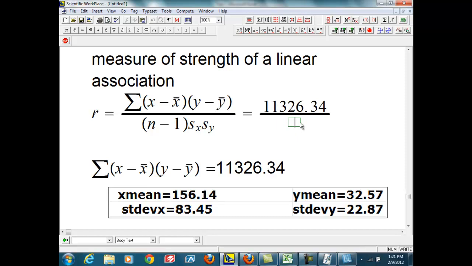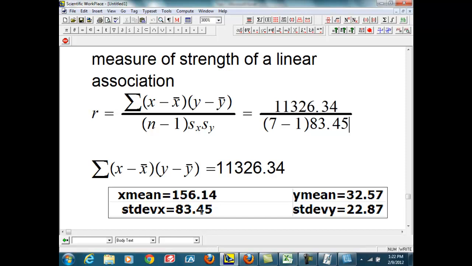How many values did we have in our data? 7 or 8? 7, there were 7. Since we are looking at a sample, we'll go for one lower. Was the standard deviation of the x values 83 point how much? 45, right? We did that, didn't we?